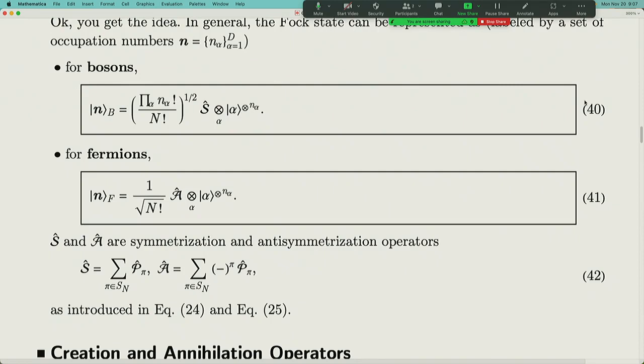Whenever you want to translate a second quantized basis state in terms of the occupation numbers, where this bold n basically is a sequence of numbers which describe the occupation number for each alpha state, you first need to construct a representative state by copying this alpha state n times. Then you tensor product all the possible alphas through all possible states.